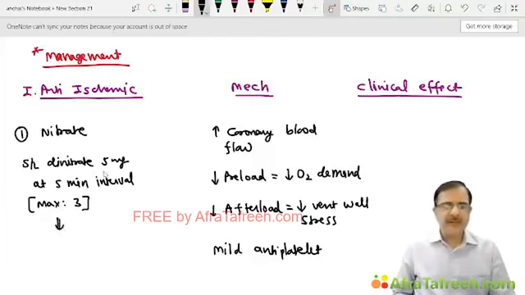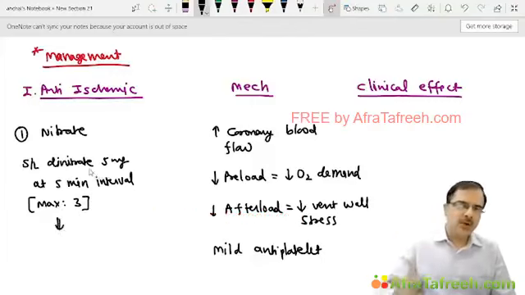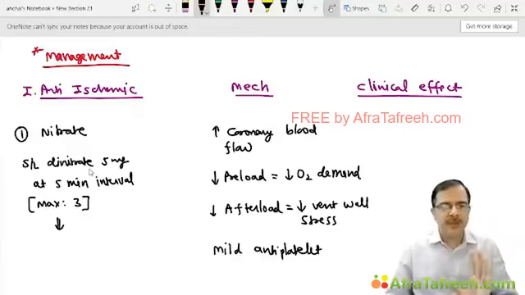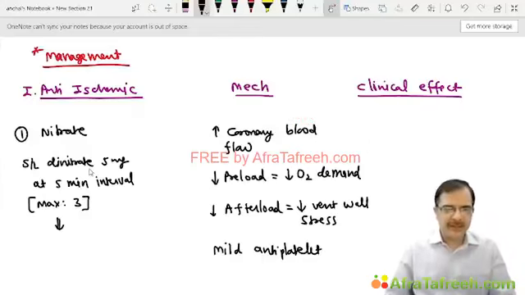If the patient is not getting relief even after the sublingual dinitrate, the other option is a nitroglycerin dose, sublingual 0.3 to 0.6 milligram. That is a second option.